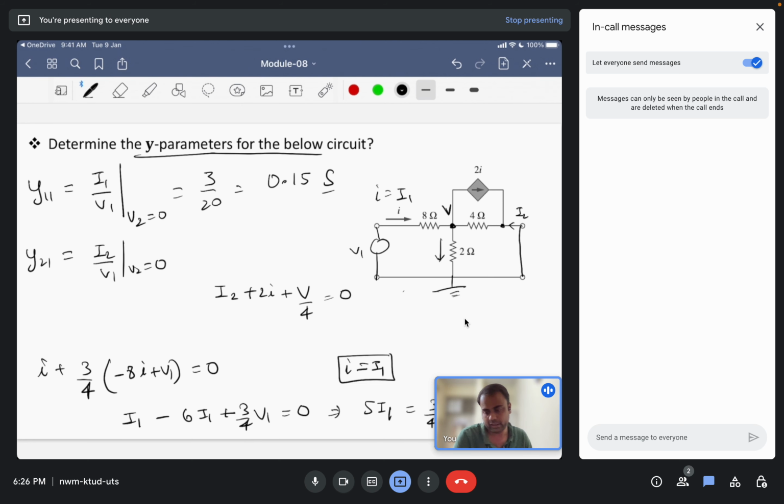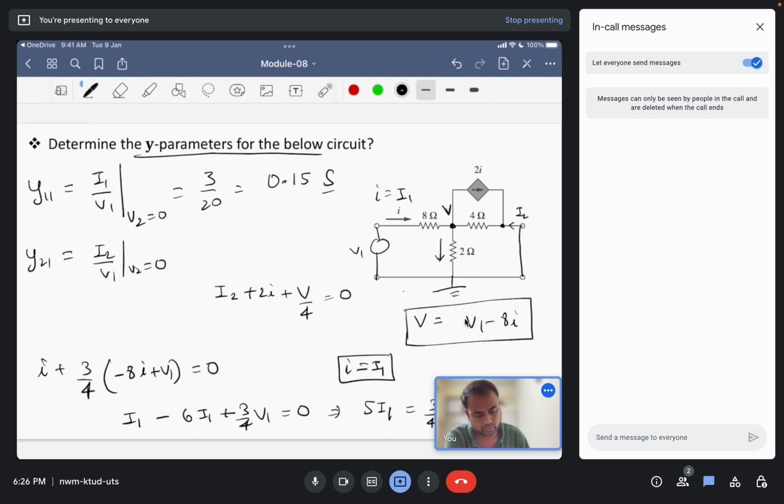Okay, and we have calculated V earlier. V was calculated to be V1 minus 8i. This we had already calculated.